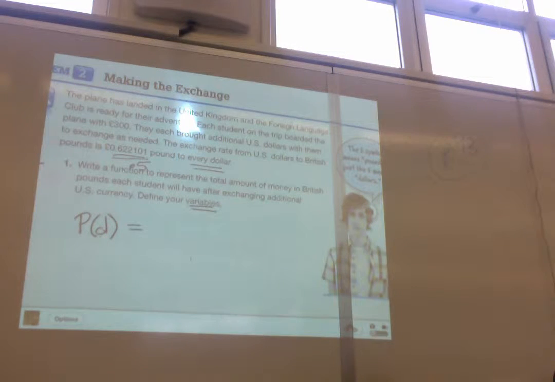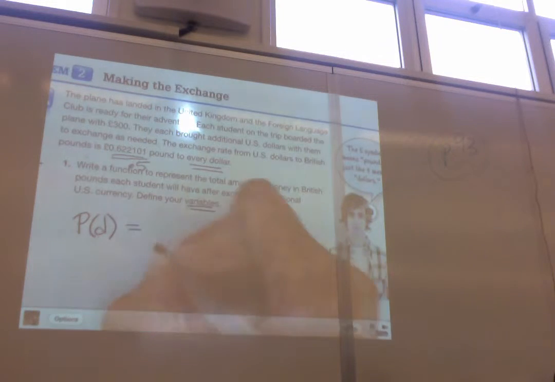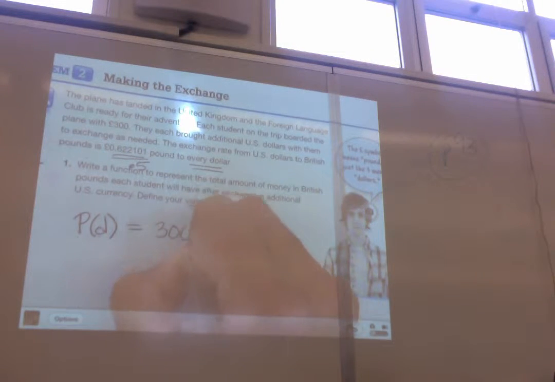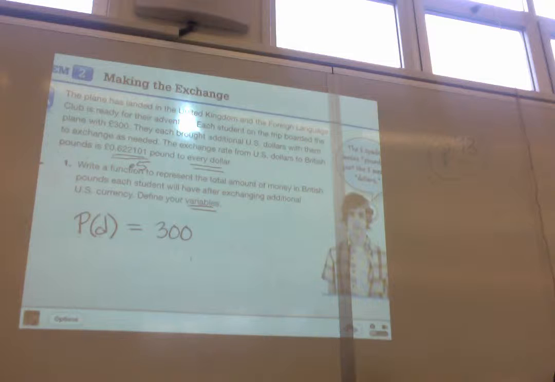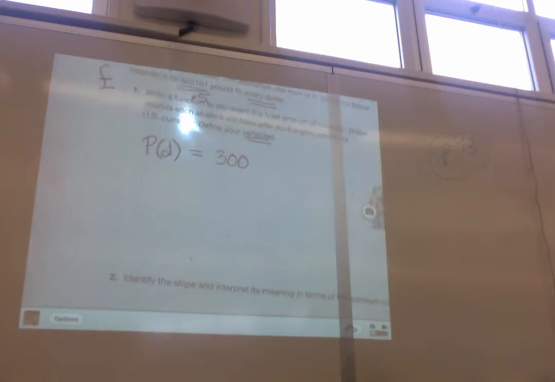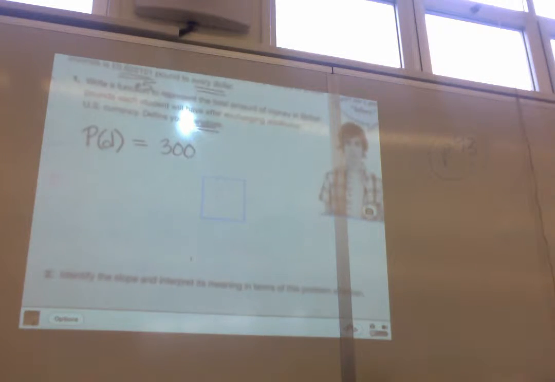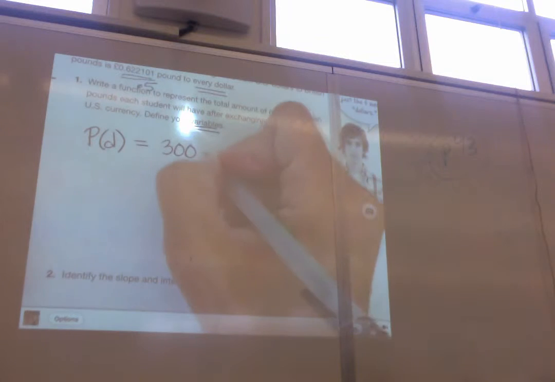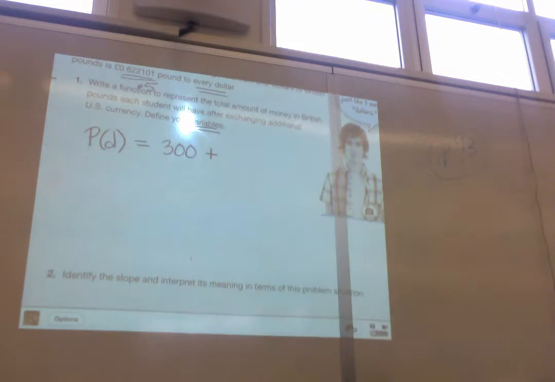What's their starting amount? 300. So that 300 is already in pounds. Does it need to be converted? That 300 is already in pounds, but some students are bringing more than that.